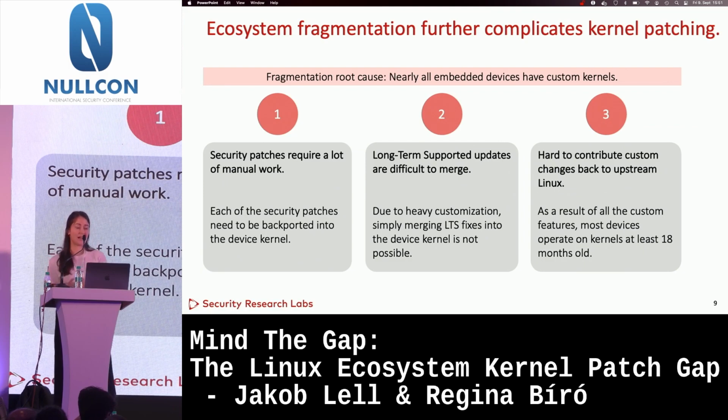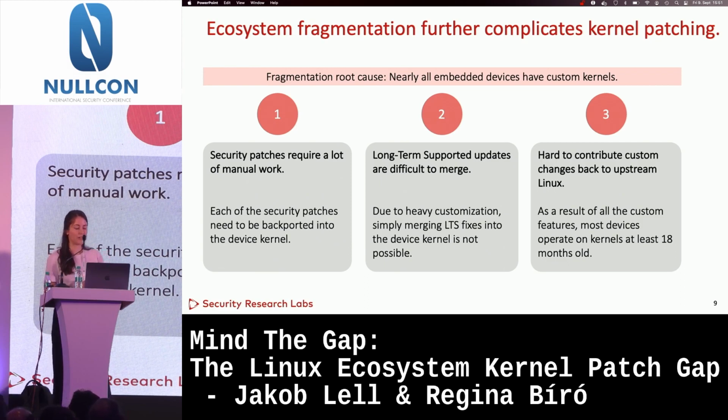And then I've come to the most critical problem in kernel patching, which is fragmentation. By fragmentation, we mean that nearly all embedded devices have custom kernels. Why? Because you have a custom use case, custom hardware specification, and custom hardware drivers. And this is why security patches also require a lot of manual work. Each of the security patches needs to be backported manually to the device kernel.